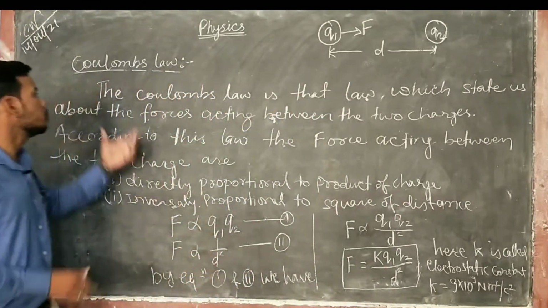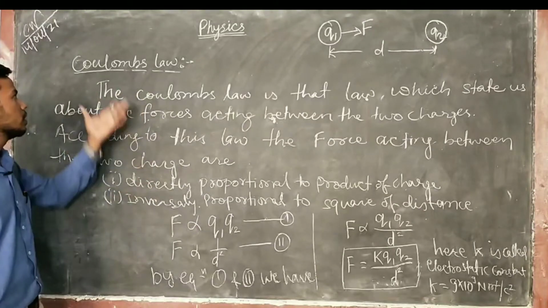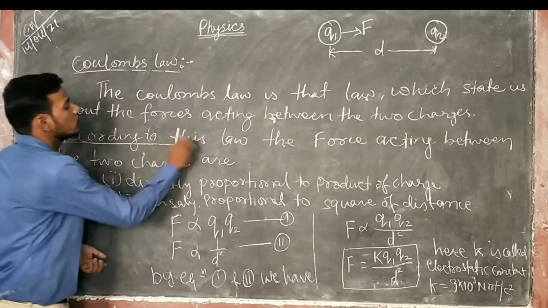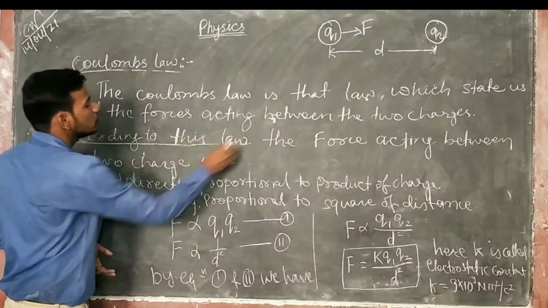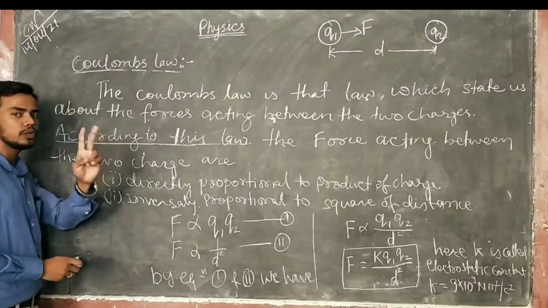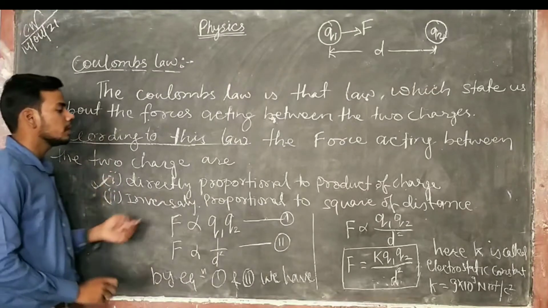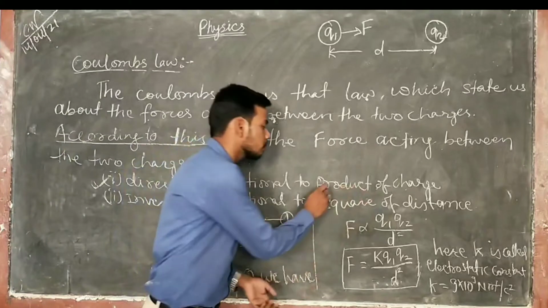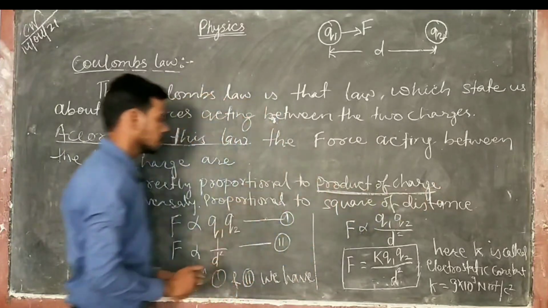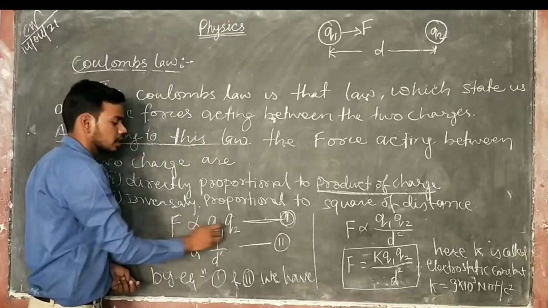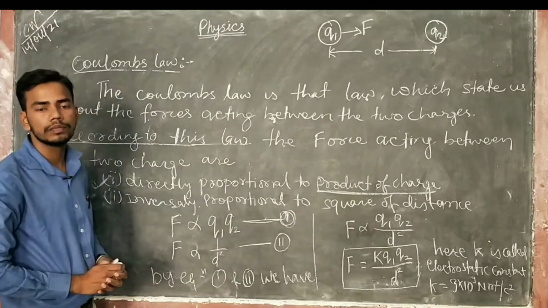Now if we put the same values in Coulomb's law, according to Coulomb's law there are two conditions. First condition is that force is directly proportional to the product of charges, which is written as equation 1: F is directly proportional to q1 q2.